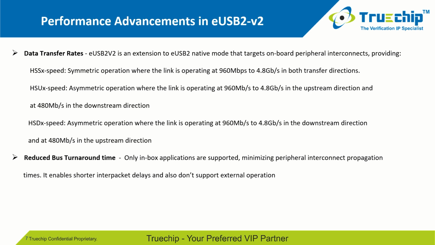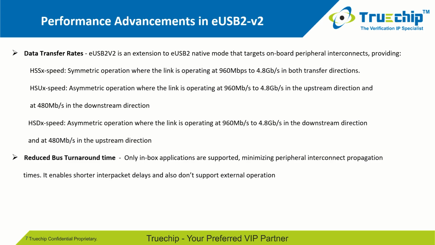Second one is HSUX speed, which is asymmetric operation where the link is operating at 960 Mbps to 4.8 Gbps in the upstream direction and 480 Mbps in the downstream direction.